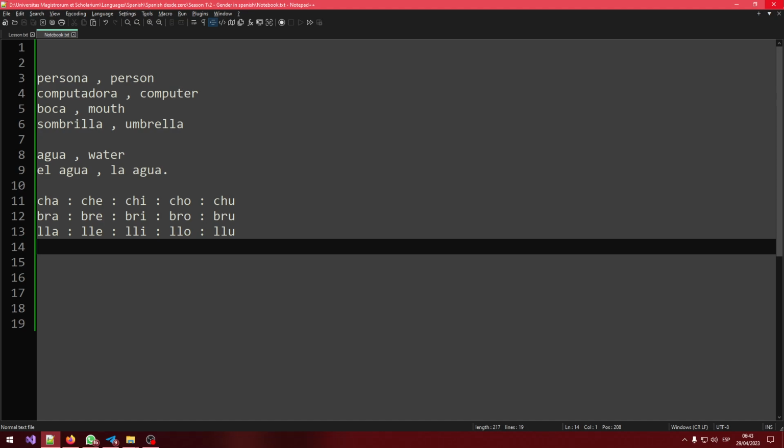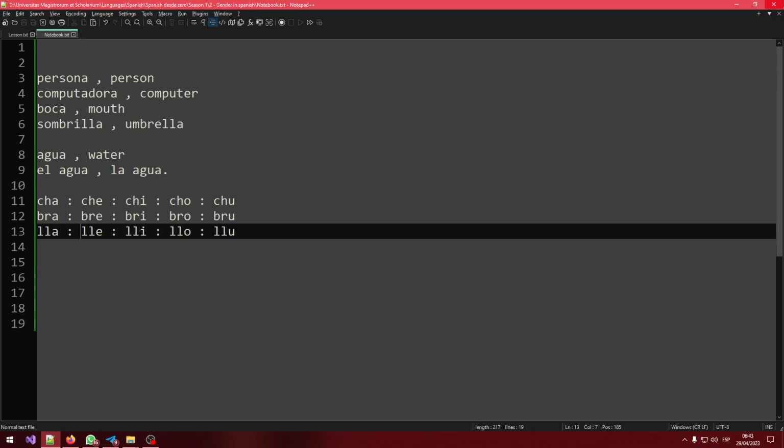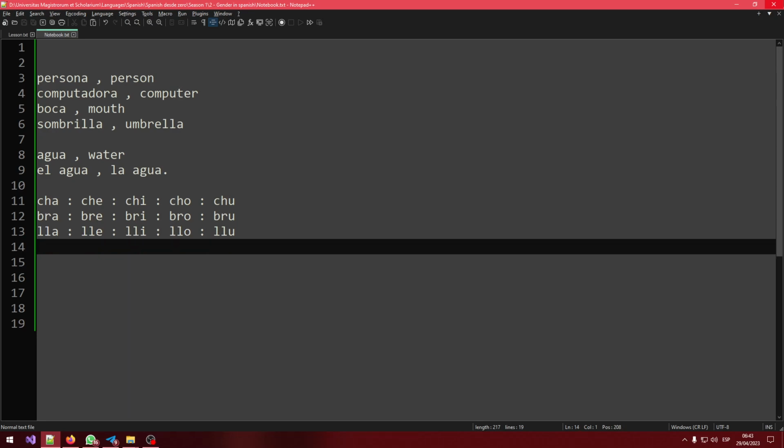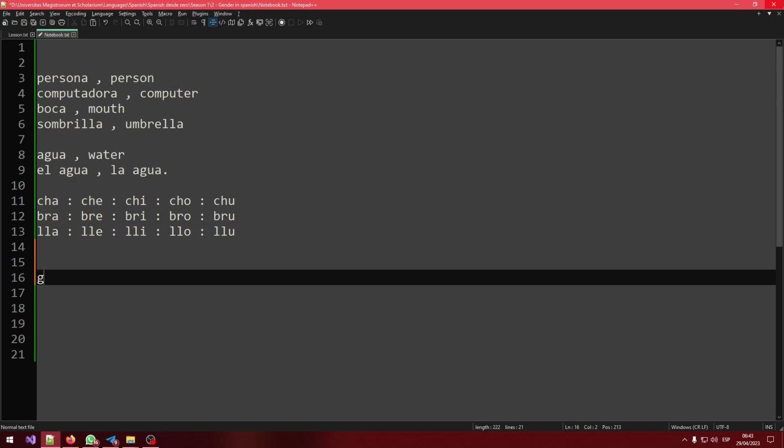The J in English is similar to say J. Okay, J. The G is similar to the G sound. The G sound is similar to the J sound in English.